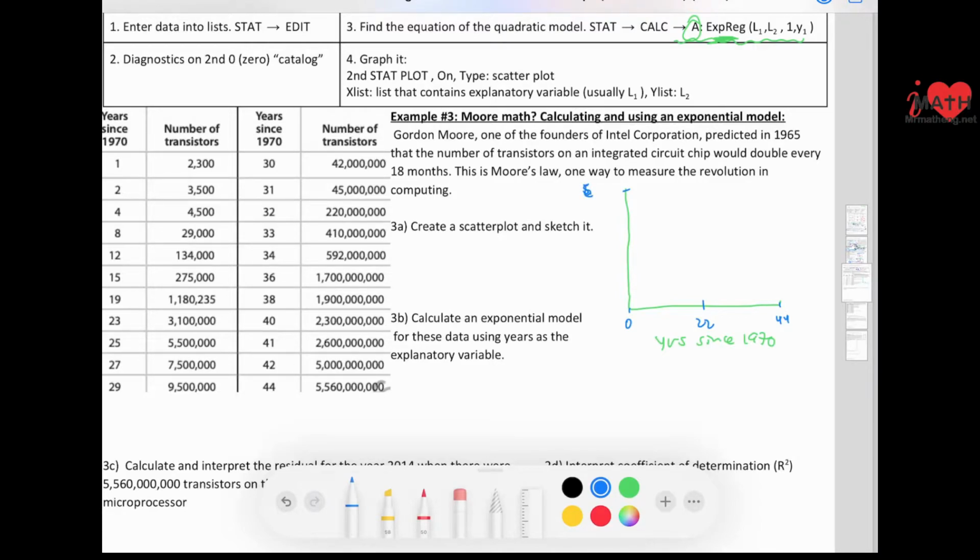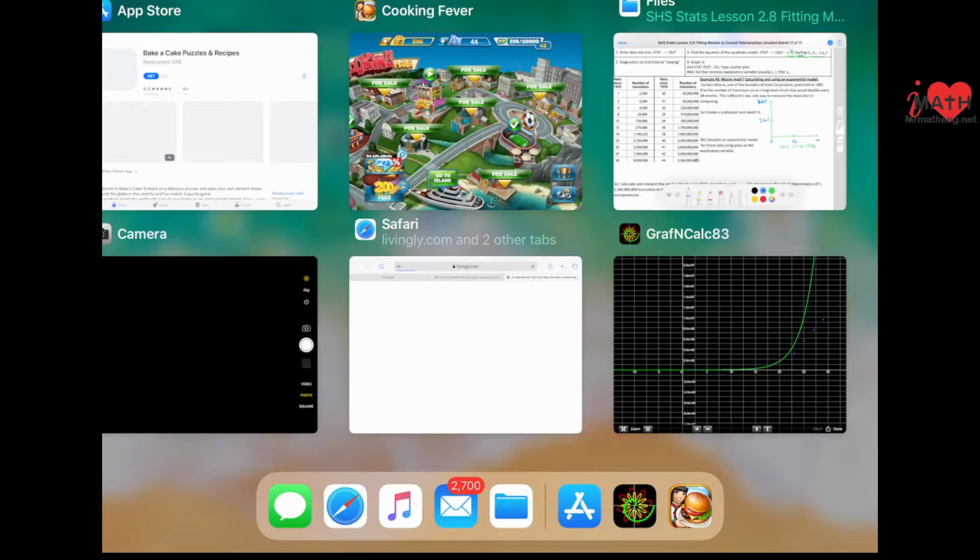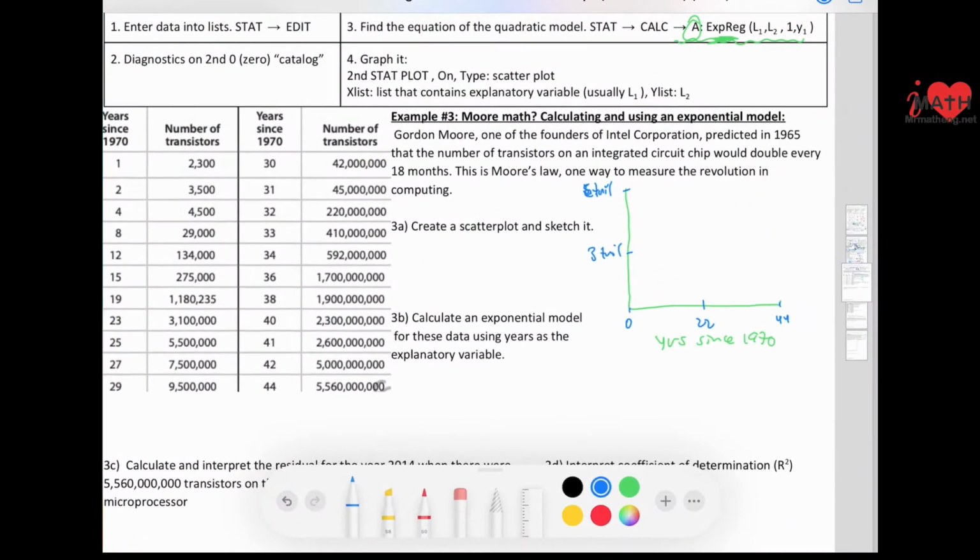I'm just going to call that 6 trillion. And then 3 trillion. And if you remember from our graph, eventually those numbers get closer, but our model kind of went faster and higher.